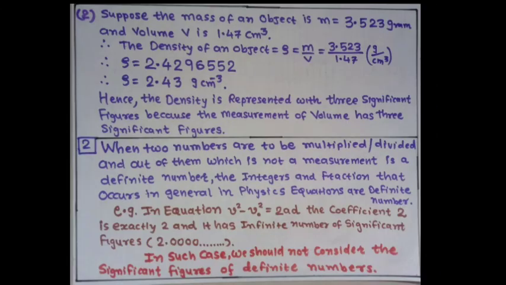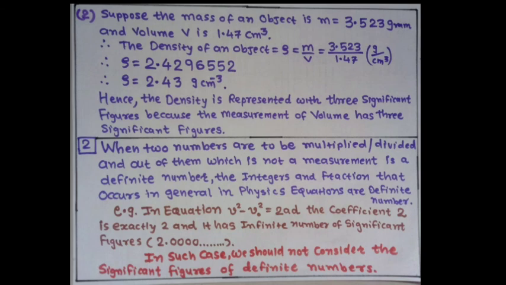Let us take a second example. Suppose the mass of an object is m = 3.523 gram and the volume is V = 1.47 cm³. The density of the object, rho, is given by mass per volume, which is 3.523 gram divided by 1.47 cm³.